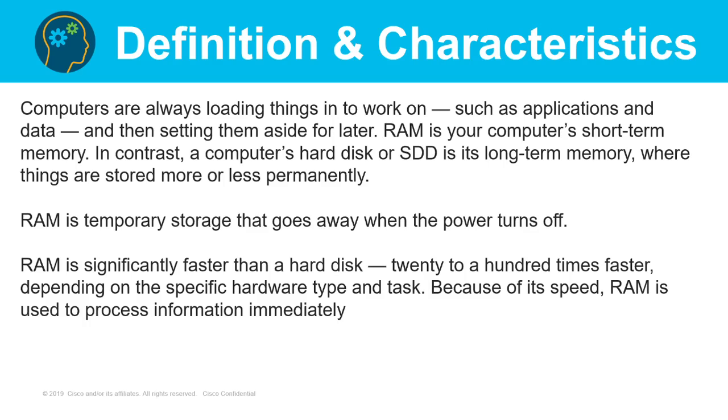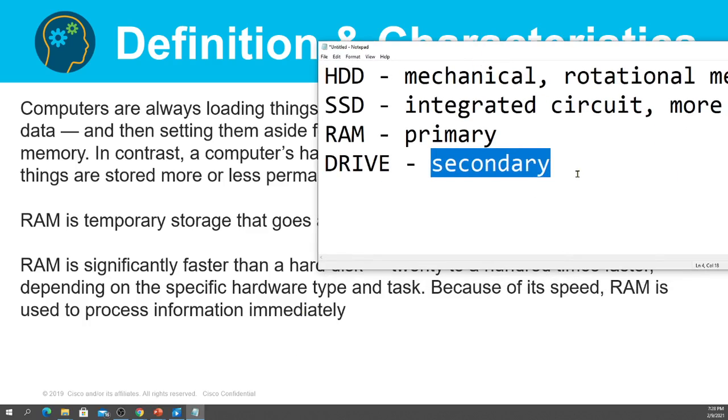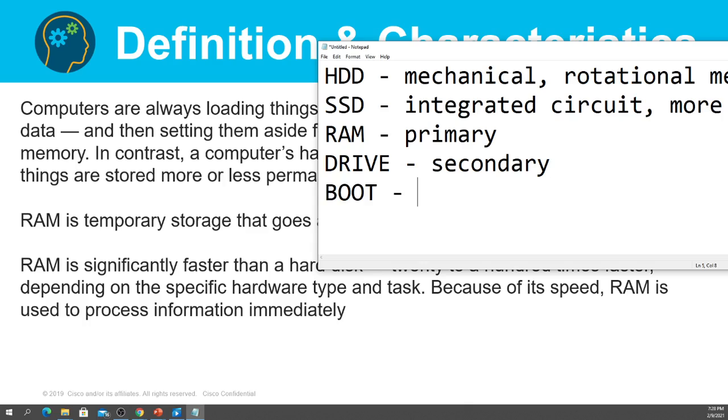It is loaded when you turn on your computer. When you say turn on, that is what we call boot. Boot is equal to turn on. When you say shut down, this is the technical term, turn off.